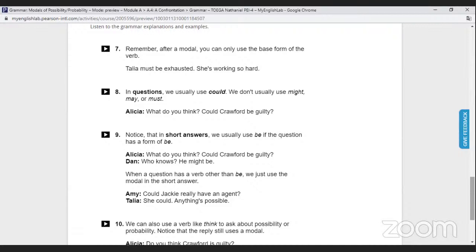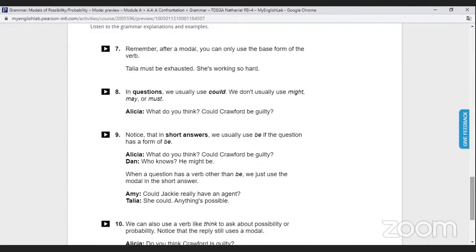Okay, very good. Number nine, notice that in short answers we usually use be if the question has a form of be, right? Read please. What do you think? Could Crawford be guilty? Who knows?